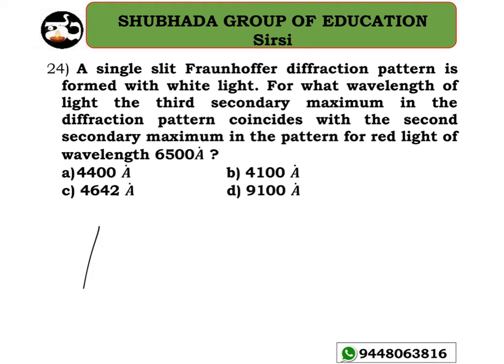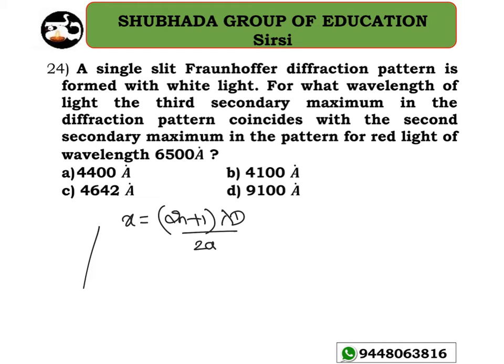As you know, they have given the third secondary maximum. So we have the expression that the distance x of the nth secondary maximum is (2n plus 1) into lambda D divided by 2 times a, where a is the aperture, and D is the distance between the slit and the screen.